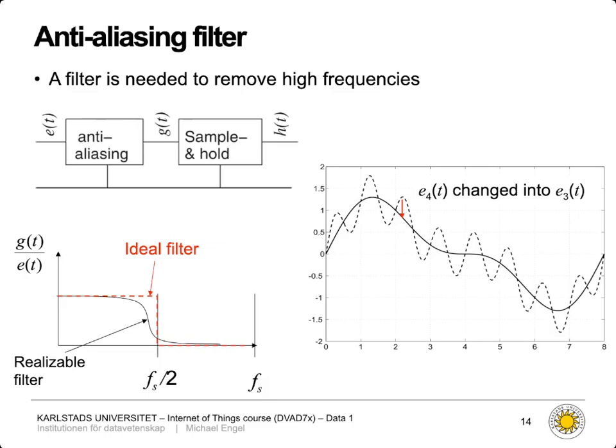Now, what does this filter do when we actually apply our high frequency signal E4, the dotted line, to the filter? So this is our E4 of t. Now, it essentially removes the high frequency component if we configure the filter correctly with a cutoff frequency of fs half, and we get our black line out.